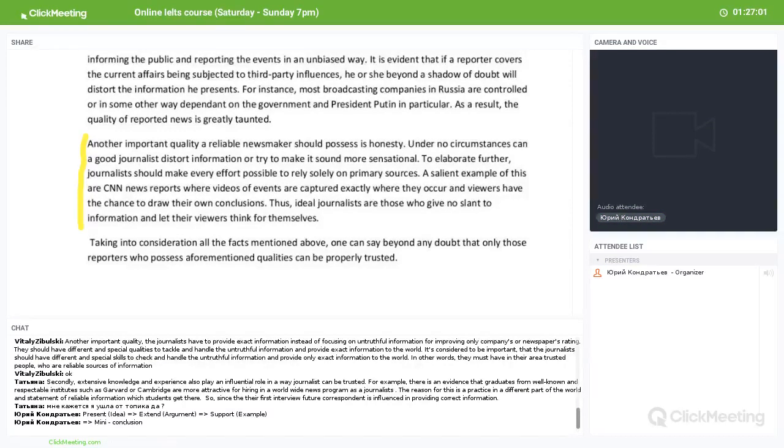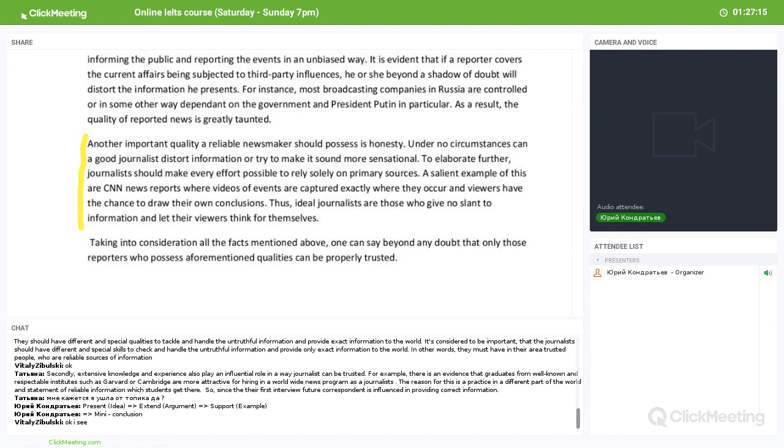If you need 8 in task achievement, it says you should present them well and provide well extended and well supported ideas. It means that you can only support well and extend well only one idea in one paragraph. Because if you have like 5 ideas, this will not help you get a better score because this is not a test of ideas, it's a test of language.